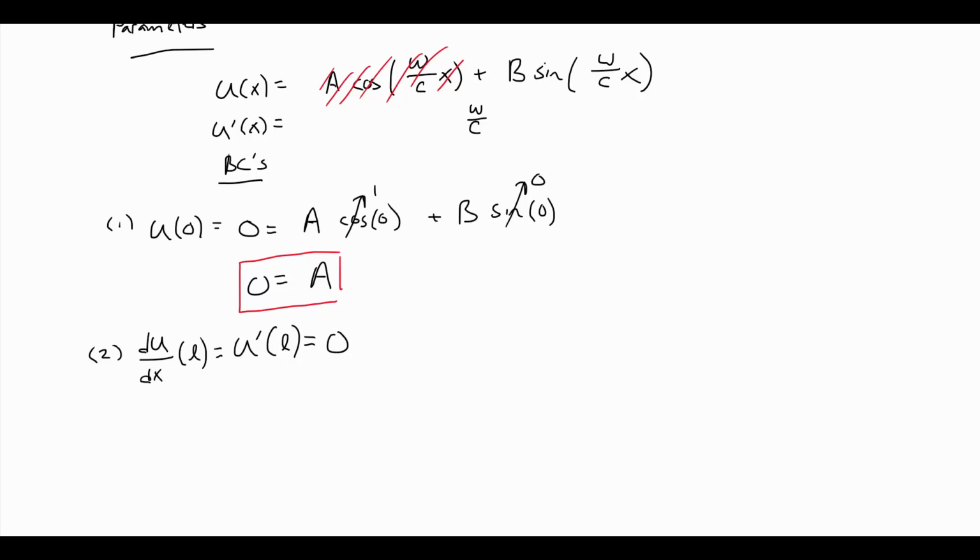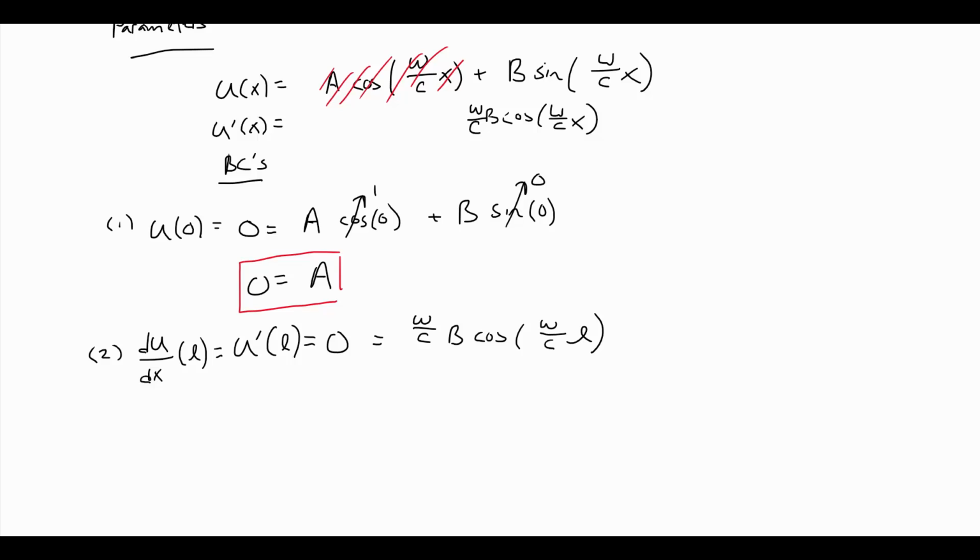The sine will go to a cosine, and the b comes along as well: omega over c times b cosine of omega over c times x. All right, so now let's evaluate u prime of x where x equals L. So I have this omega over c times b times the cosine of omega over c times L. And that has to be 0 because the strain at the free end is 0.